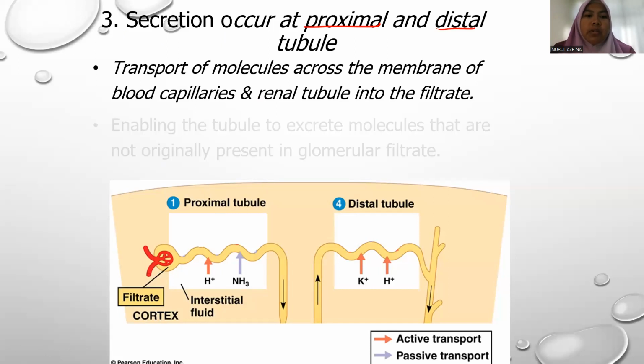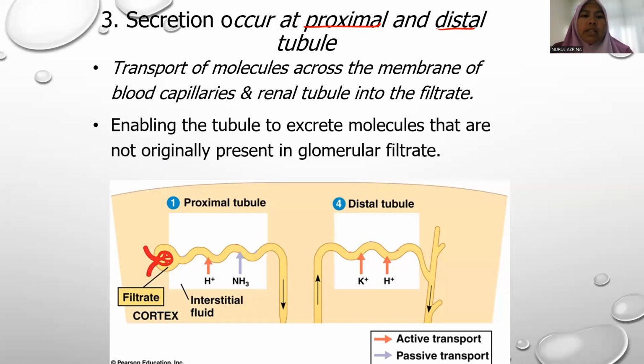The definition of secretion is the transport of molecules across the membrane of the blood capillary and renal tubule into the filtrate. So look at the arrow. If the arrow is from the surrounding interstitial fluid or surrounding blood capillary into the filtrate, that is the process of secretion.